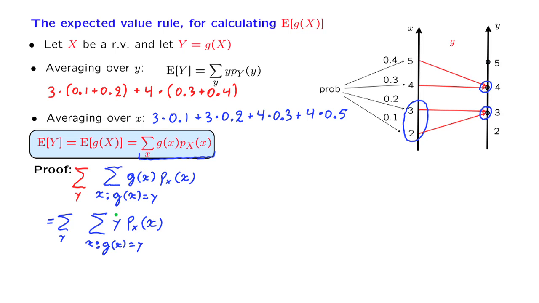And so we can take this term of y and pull it outside the summation. What this leaves us with is a sum over all y's of y, and then a further sum over all x's that lead to that particular y of the probabilities of those x's.